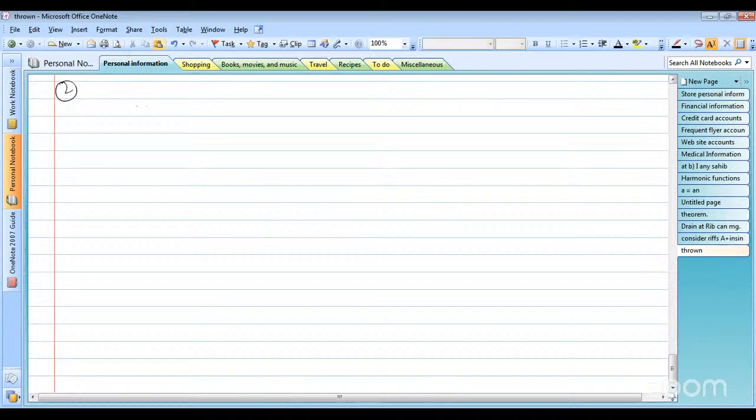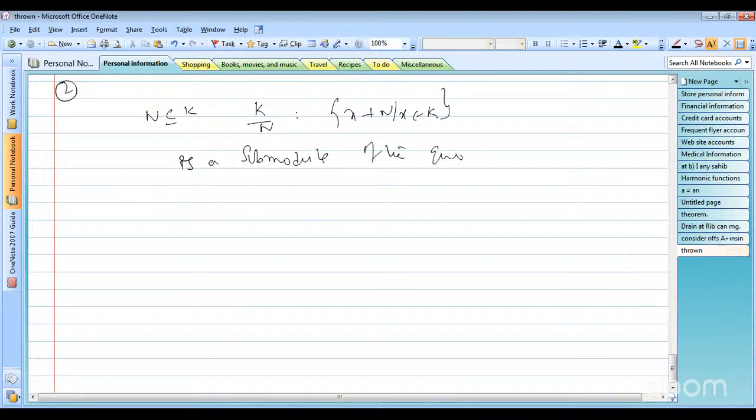The second condition we are taking: suppose n is a subset of or equal to k. Therefore k by n, the set of x plus n such that x belongs to k, is a submodule of the quotient module m by n.